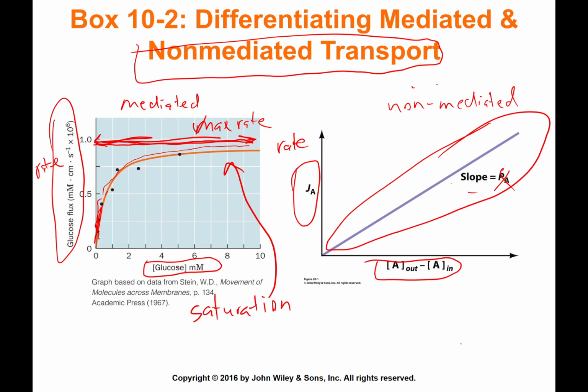For right now, the things I want you to know are that mediated transport is going to tend to have curves like this that saturate at this maximum rate, whereas for non-mediated transport, we're just going to get linear responses, or linear correlation, between rate and the substrate concentration.